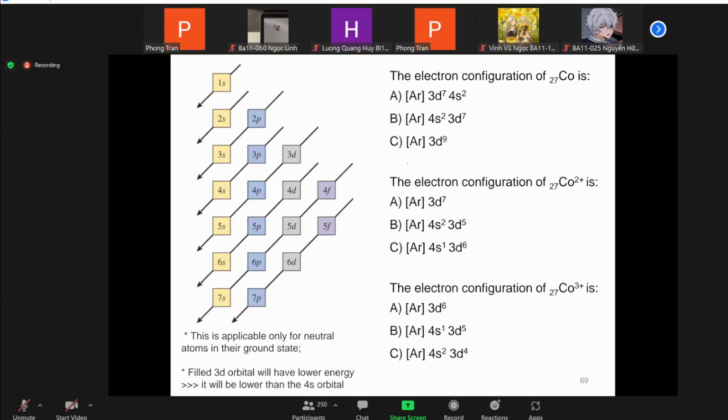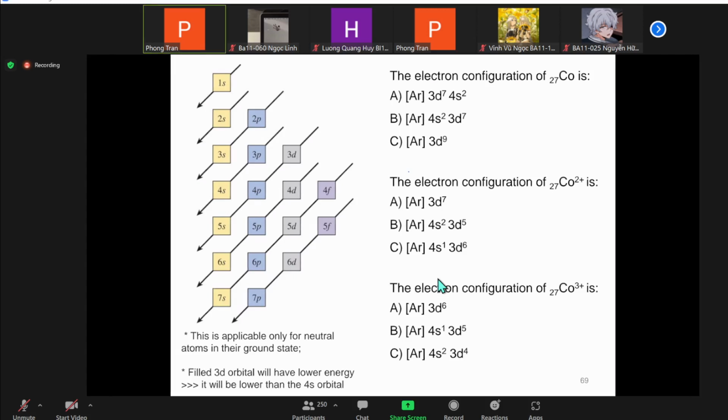I think C. I think it's B. Hmm? Which one? I think it's B. For the first question, right? Yes. So the correct answer here is B.